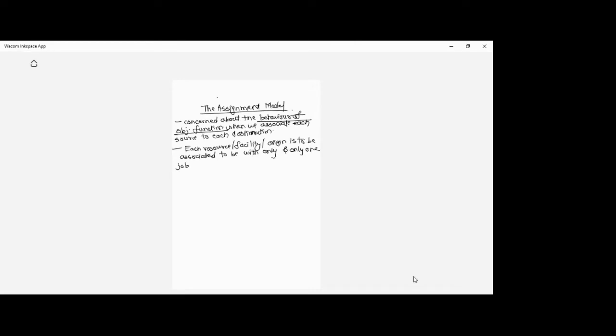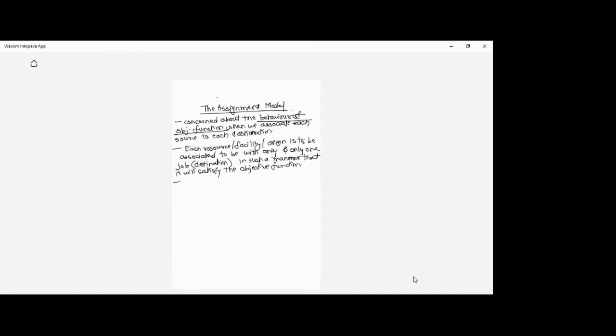Job may seem ambiguous, so we can say a destination, right? So each resource or facility or origin is to be associated with one and only one destination in such a manner that it will satisfy the objective function, right? So the objective function is playing a very, very important role in this particular case.